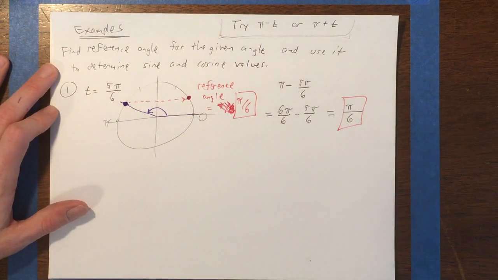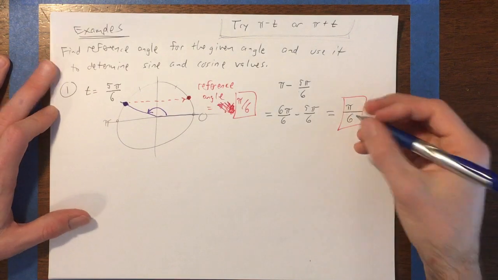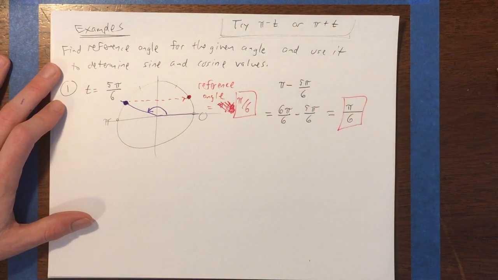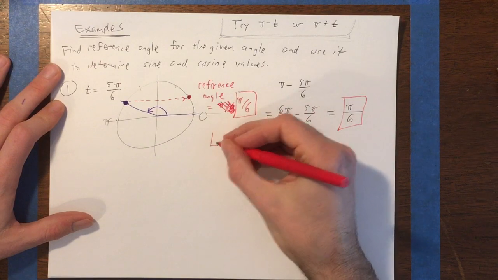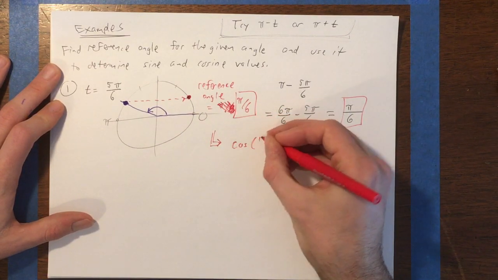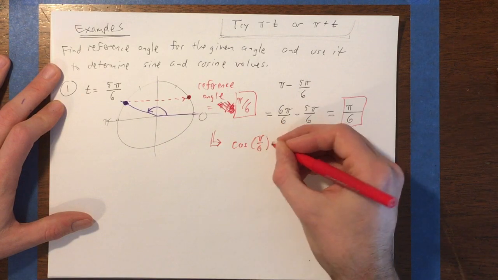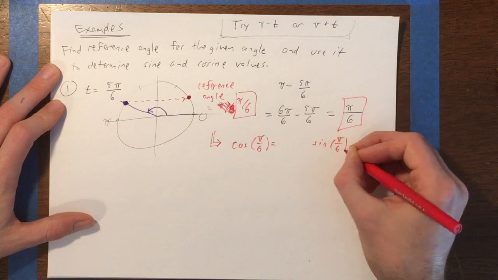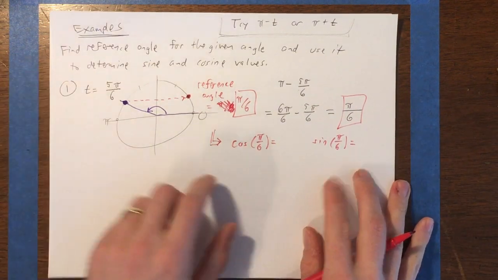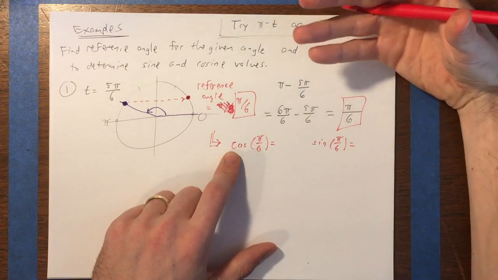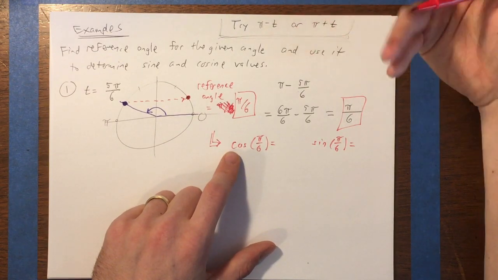So now that we've found our reference angle, now we can take this information. For the reference angle, let's stick with red here to color code things. For the reference angle, cosine of pi over 6 and sine of pi over 6, you can get these values, the exact values for cosine and sine, by thinking back to what we learned about with the special triangle.